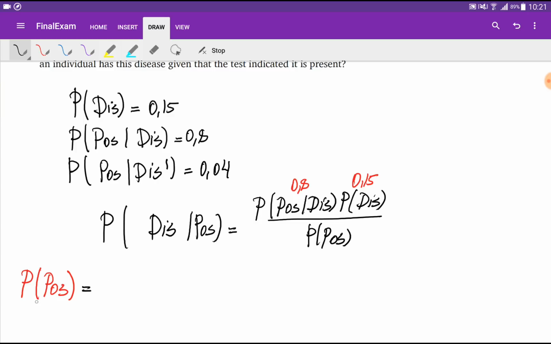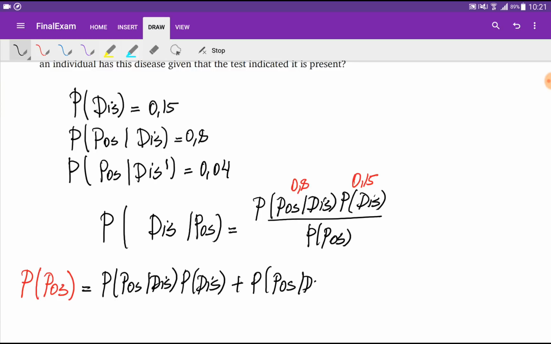We are going to have the positive test, either a person has the disease, multiplied by the probability the person has the disease, or in the case when the person doesn't have the disease, multiplied by the probability the person doesn't have the disease.